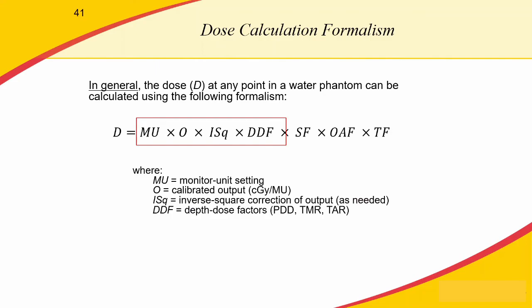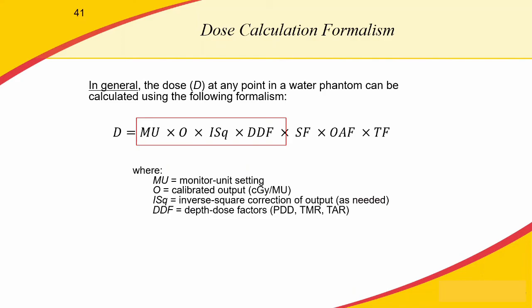So again, these are the monitor units that are delivered during the treatment. Our output that's calibrated under calibration conditions, 1 centigray per monitor unit typically. Any inverse square correction that has to be made if we've moved from, say, SSD to SAD setups.